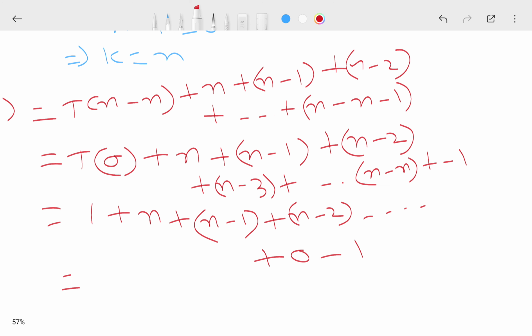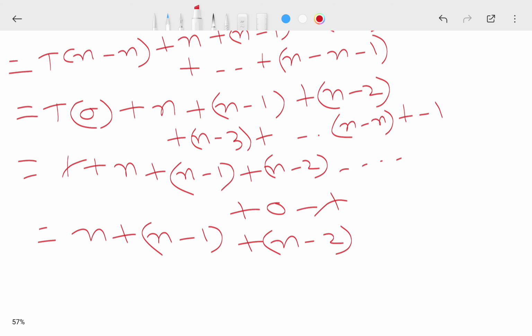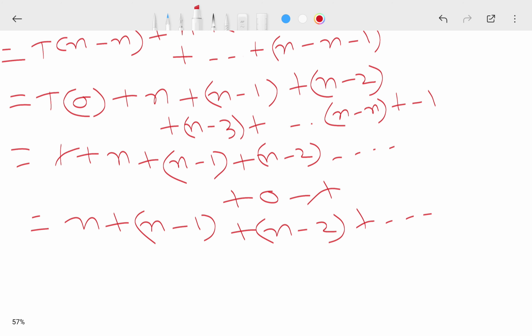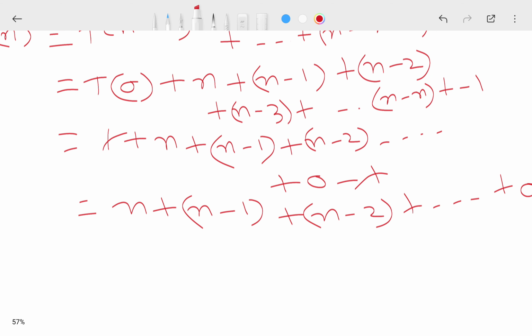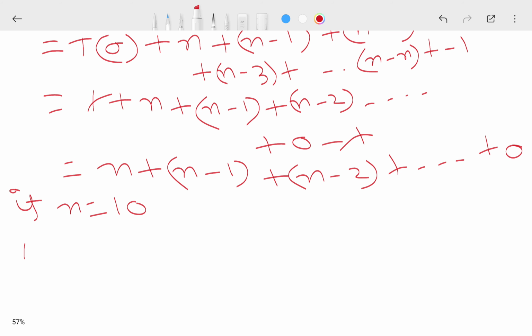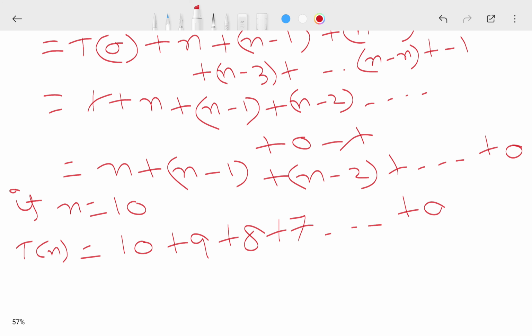So this 1 and minus 1 will be cancelled. So n plus n minus 1 plus n minus 2, so plus up to 0. Suppose n equal to 10. So this will be t of n equal to 10 plus 9 plus 8 plus 7 up to 0.